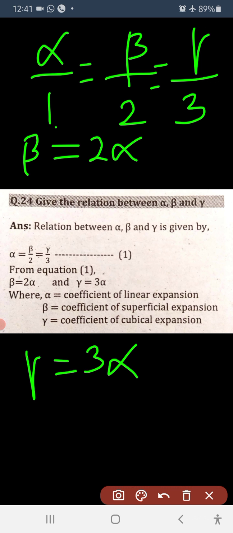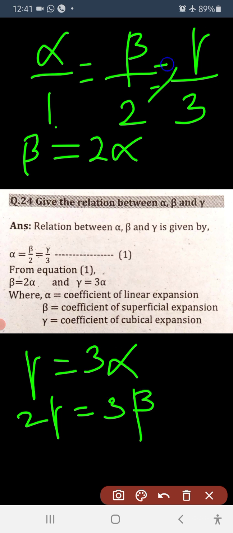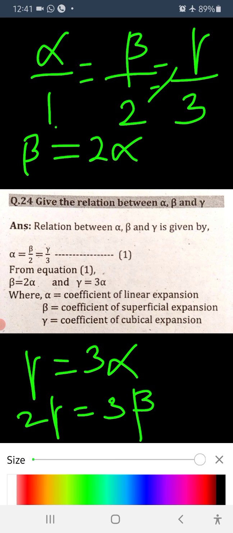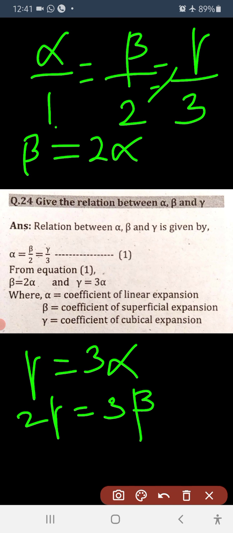Similarly, we can find the relation between beta and gamma. 2 gamma is equal to 3 beta. Just multiply this 2 into beta and this 2 into gamma, 3 into beta, 3 beta.